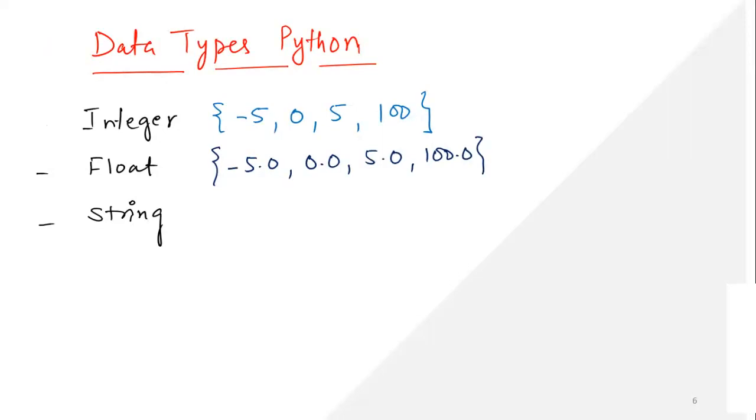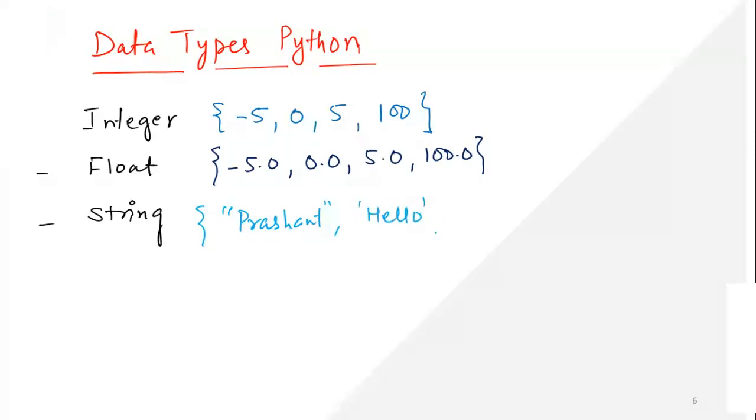Now we have got the string. A string is when we are writing something, for example, my name Prashant, or let's say an example, hello. I can use a single inverted comma.